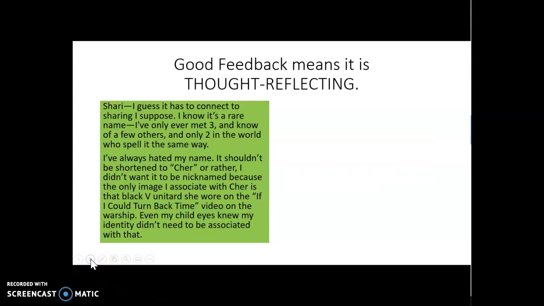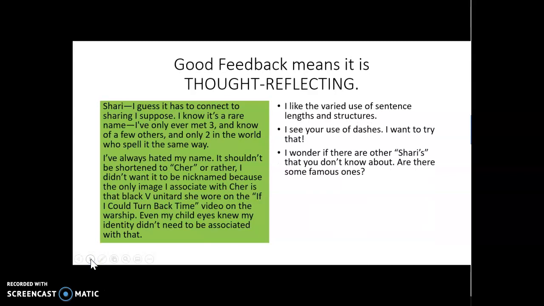We want to make sure that our feedback shows what the reader is thinking when they are reading. It's really helpful for a writer. So again, these 2 things show me that the reader noticed. Oh, awesome. Thank you for noticing my sentence structure and my punctuation. But I wanted to also show you an example of something else.